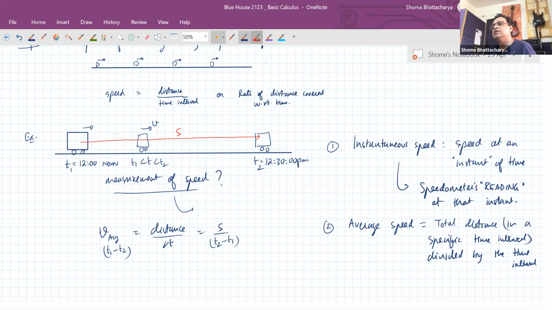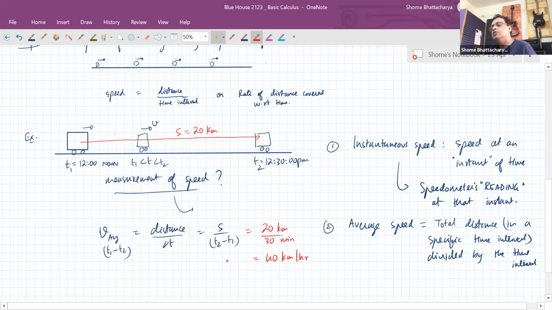So suppose this s comes out to be, let's say, 20 kilometers exactly. Okay, so then this will become 20 kilometers divided by 30 minutes, or you can see that it will become 40 kilometers per hour. So we can say that the average speed during that time interval from 12 to 12:30 p.m. was equal to this.